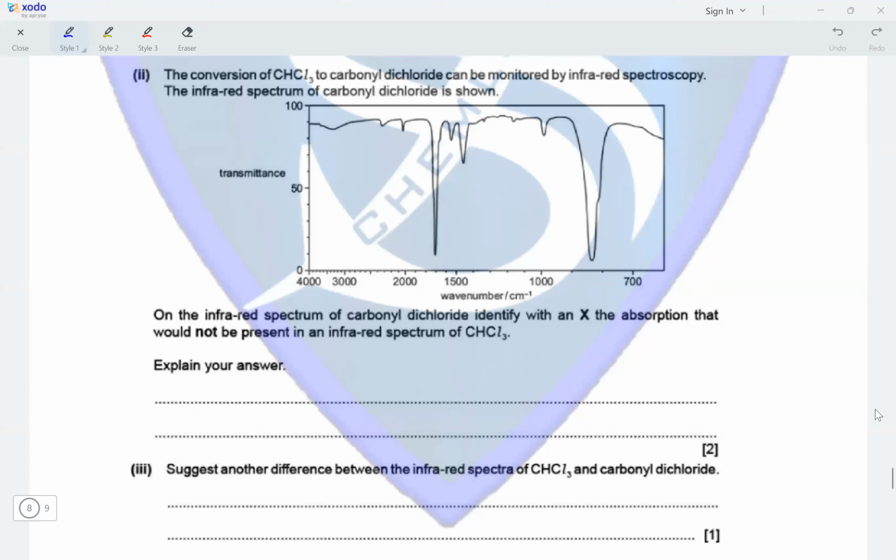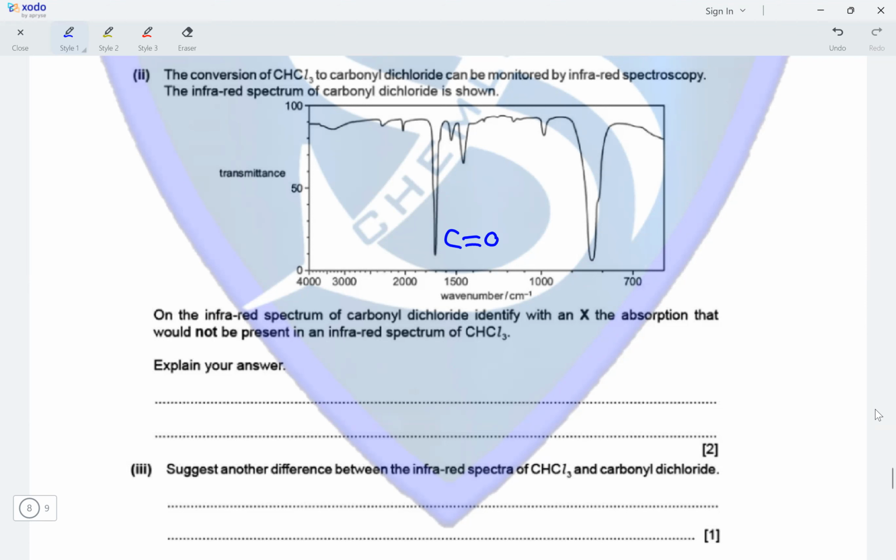The conversion of CHCl3 to carbonyl dichloride can be monitored by infrared spectroscopy. The infrared spectrum of carbonyl dichloride is shown. So here we can see the C double bond O group present. On the infrared spectrum of carbonyl dichloride, identify with an X the absorption that would not be present in the infrared spectrum of CHCl3, which is this only.